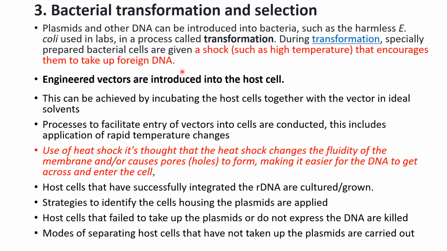You have a solution where you have bacteria and also the plasmid DNA. This solution is heated to a given temperature, the shocking of the bacterial cells, such that it encourages them to take up the plasmids that contain the foreign DNA.